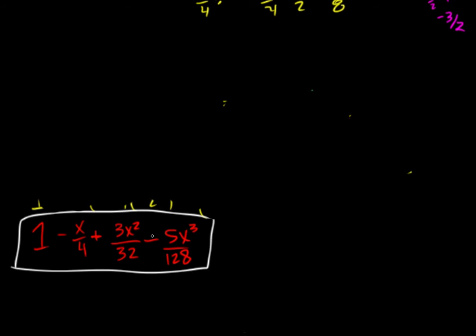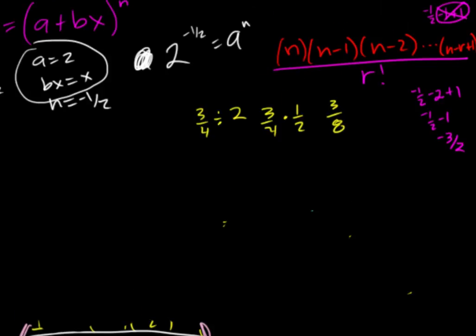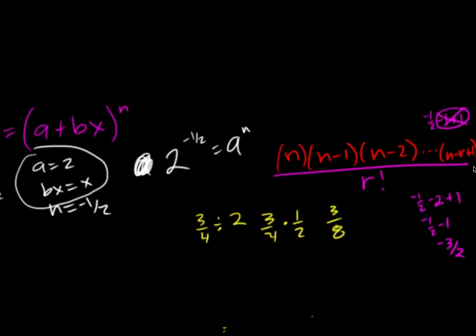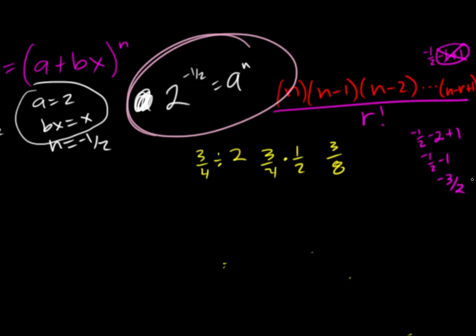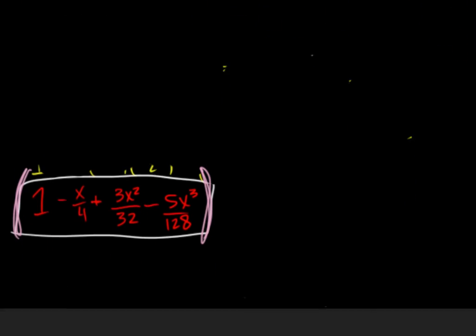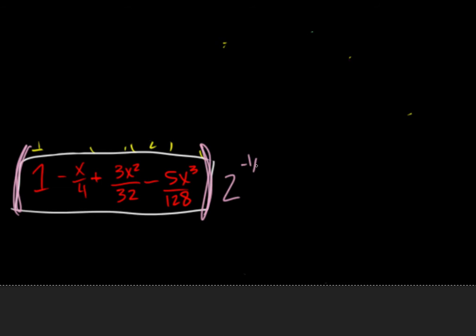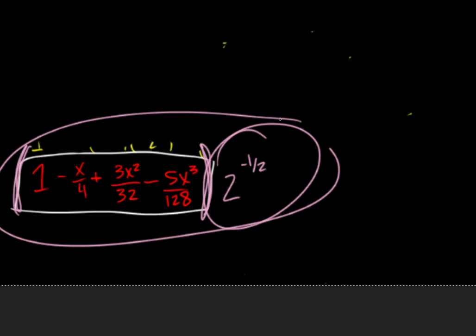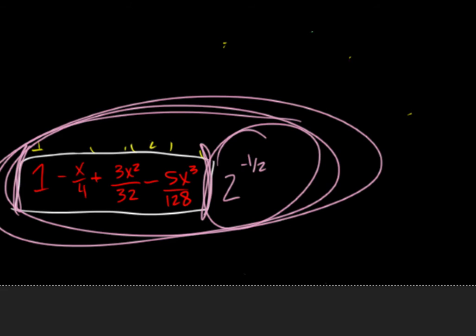Okay, if we look at this, oh, you know what I left out though? All of this needed to be multiplied by our a to the n value right here. So 2 to the negative 1/2. Okay, this entire thing should have been the answer for part A.